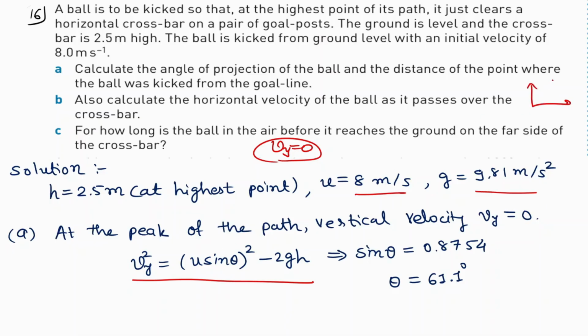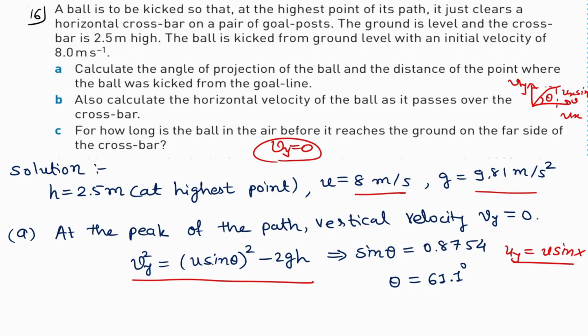Let's suppose this is a projectile motion. This is theta, and uy, ux. So uy is u sine theta, the projection is equal to u sine theta, whatever the angle is.